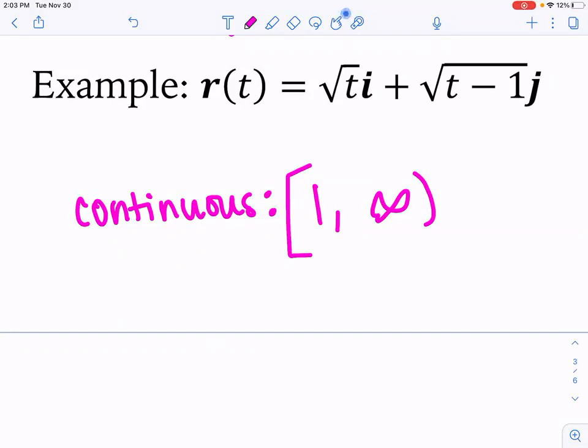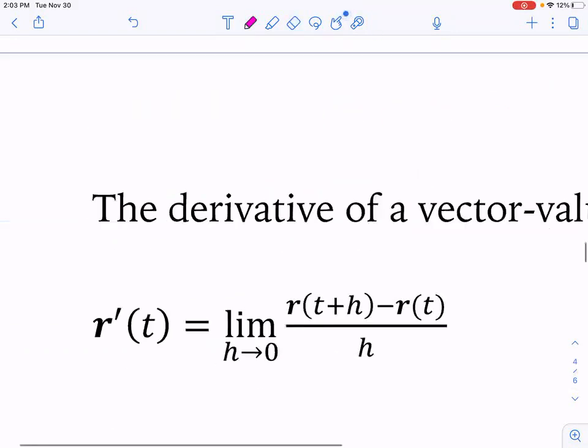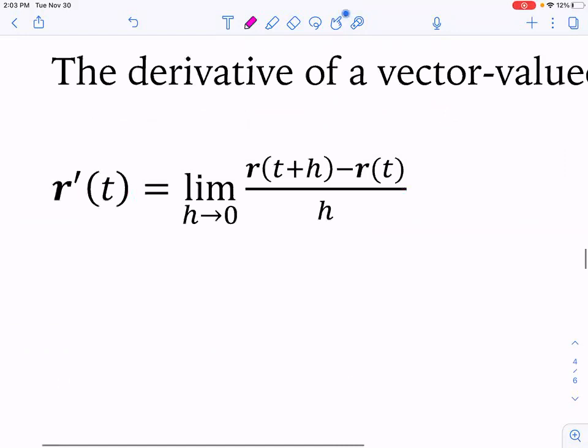We have continuity everywhere where there's domain, because we don't have any asymptotes or holes or anything like that. This one has domain 0 to infinity. This one has domain 1 to infinity, but they can only overlap at 1 to infinity. Okay, all right, your pencils can take a break for right now.